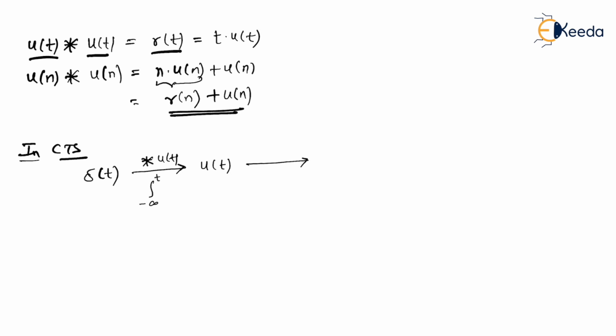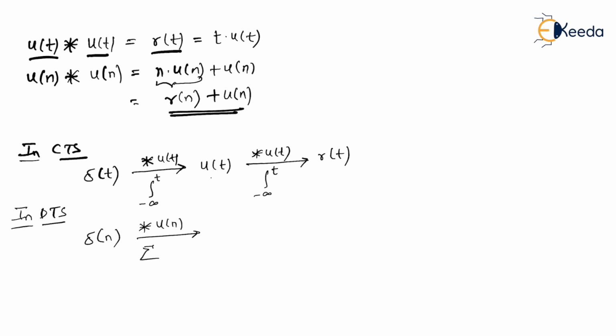If further you convolve this u of t with another u of t, you know that convolving any input with u of t is as good as passing through the standard integrator system, that is integrating u of t from minus infinity to t, it will result into r of t. Whereas in discrete time system, what we have seen, if we have del of n function and if you try to convolve with u of n, so convolving any input with u of n in discrete time system is as good as having summation from minus infinity to n.